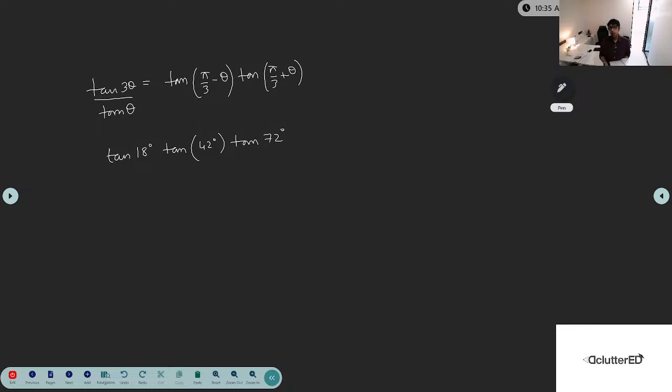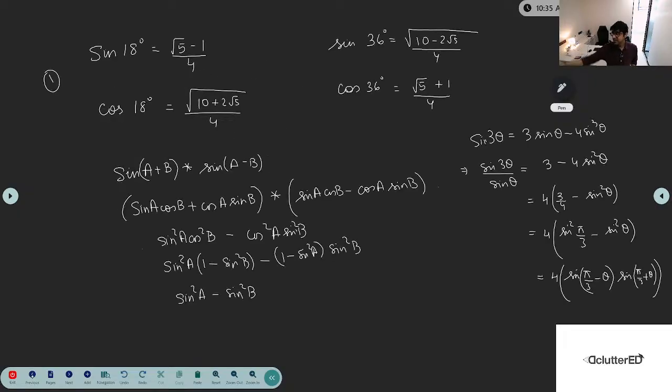Now, if we know this formula, we can straight away say that this is equal to tan of 3 into 18 degrees, which is tan 54 degrees, and from the formula that we have studied for sine 36 and cos 36, derive tan 54 degrees, because sine 54 is cos 36 and cos 54 is sine 36.